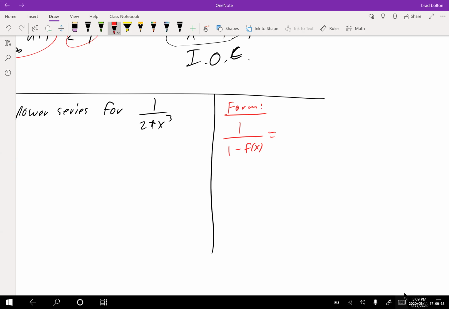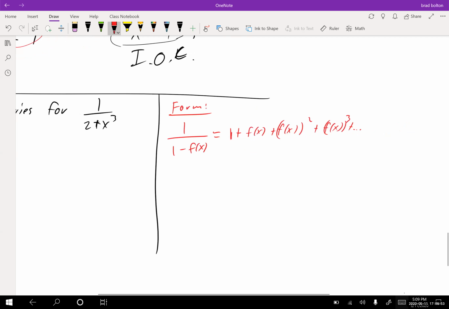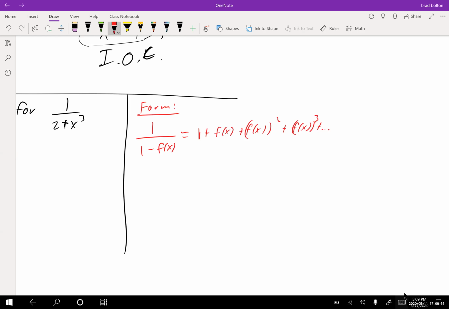So if we can write the function like this, exactly like this, this is 1 plus f of x quantity squared plus f of x quantity cubed, and so on and so on. And it turns out that we can say that this is equal to the infinite series, the series n equals 0 to infinity of f of x to the n.